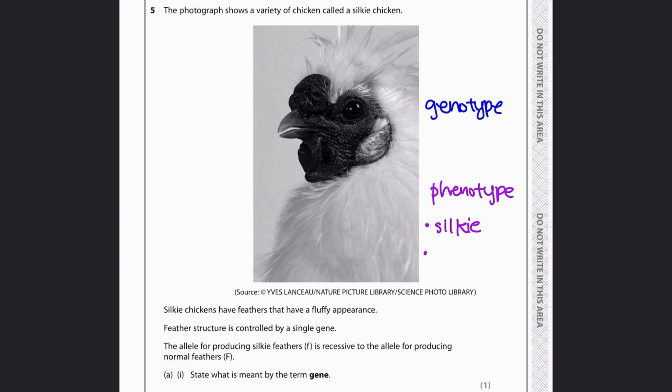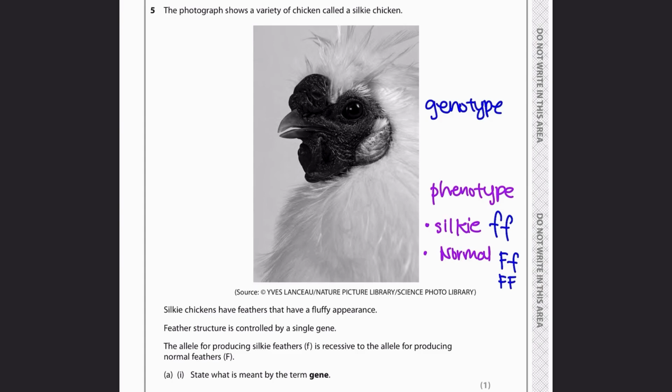So, like I said just now, you first of all figure out which one is big F and which is small f. And since silky is the recessive one, that means it must be 2 small letters. Remember, recessive is 2 small letters, and therefore the genotype of the silky is 2 small f's. And then the genotype of the normal feathers can either be 1 big F, 1 small f, or 2 big F's. So that's what we've determined so far.